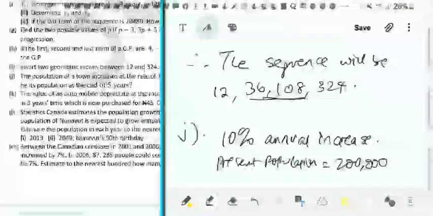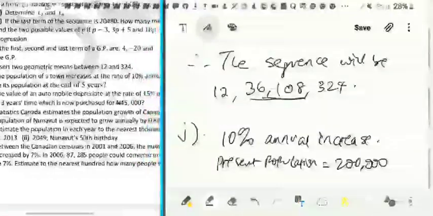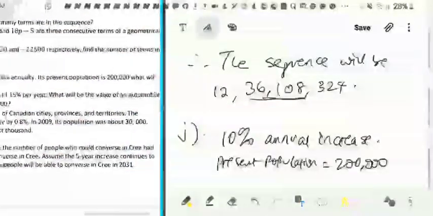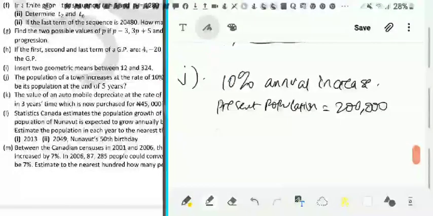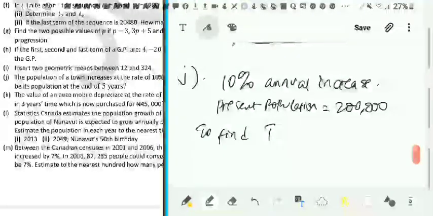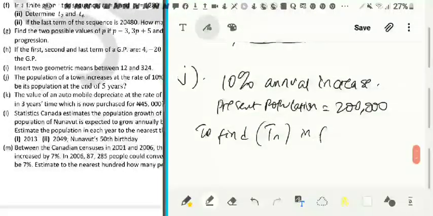So what did it ask? What will be its population at the end of 5 years? To find Tn in 5 years time. So we want to know what will be the population in 5 years time.